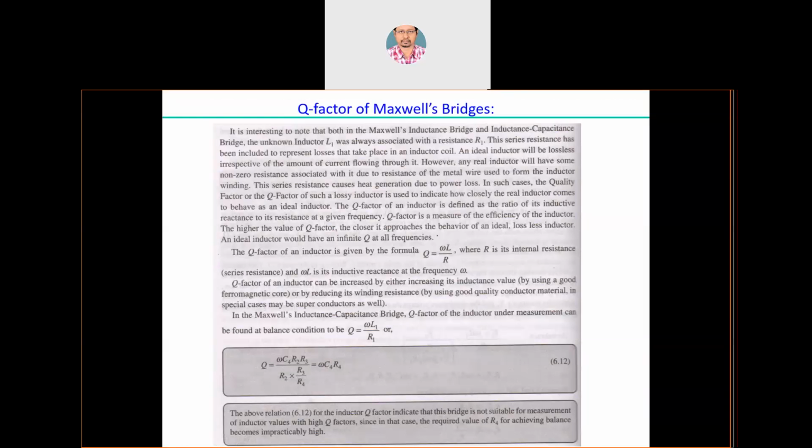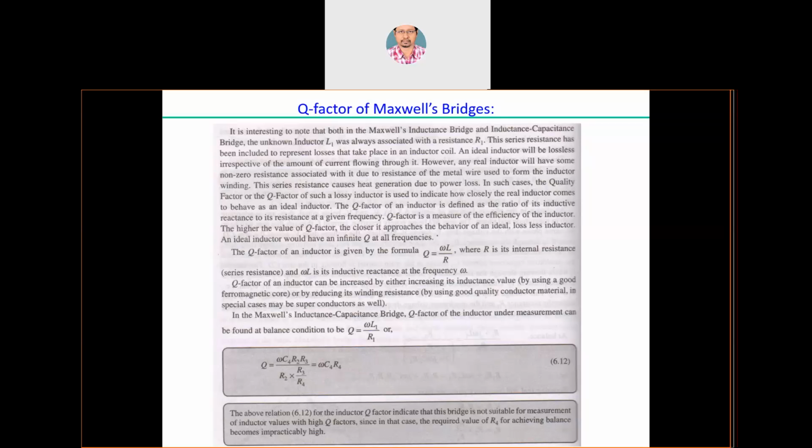Let us see what is the impact on the Q factor of the Maxwell bridges. As I have told you, why are you going to measure the Q factor? Basically, Q factor is nothing but the ratio of the reactive component to the resistive component as far as any LC bridge is concerned, because here you consider the impact on the resistance. Resistance indicates the amount of heat loss which occurs due to the current flow, or the power loss, you can say.